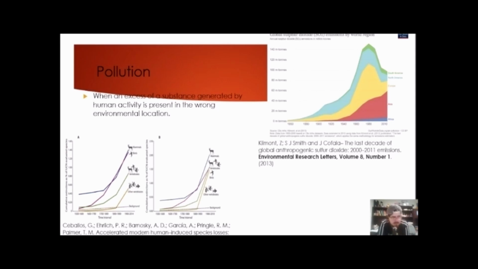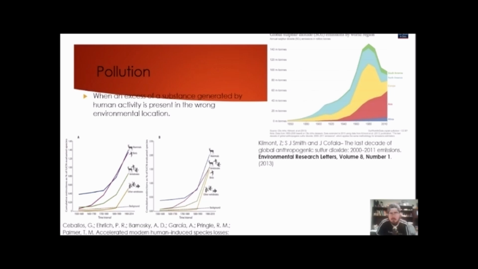So 90% of the SO2 in the atmosphere is from humans. Something like 151 million tons just in the 1980s alone. Though in 2000 we're down to about 97 million tons, if I'm reading my notes right.